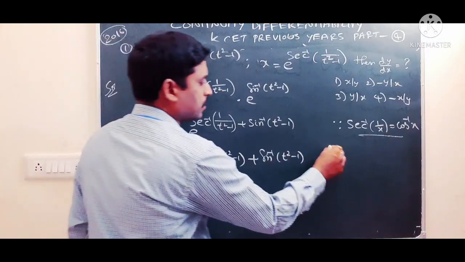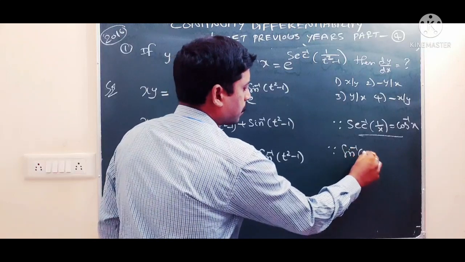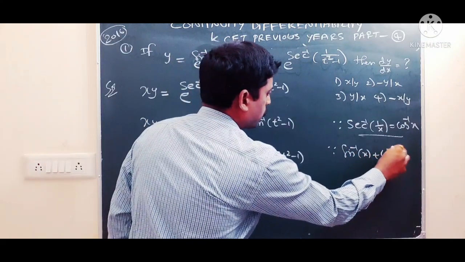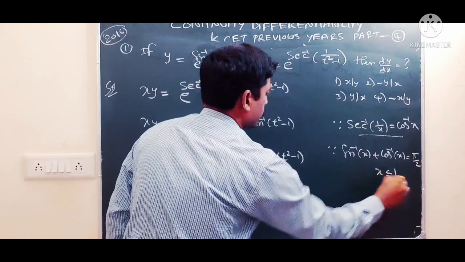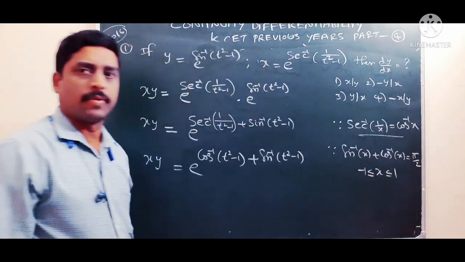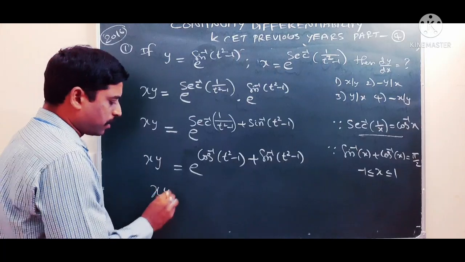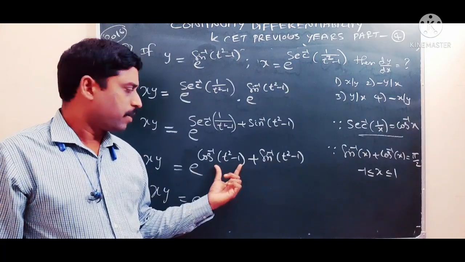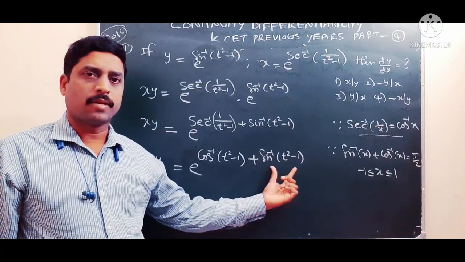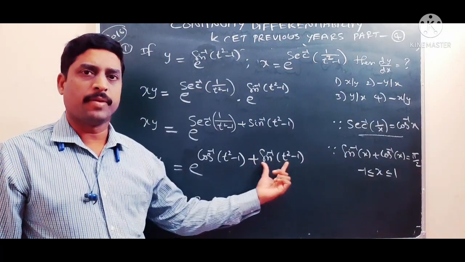We have sin inverse x plus cos inverse x is equal to pi by 2, where x lies between minus 1 to plus 1. Therefore xy is equal to e to the power cos inverse of t square minus 1 plus sin inverse of t square minus 1, and this will be pi by 2.